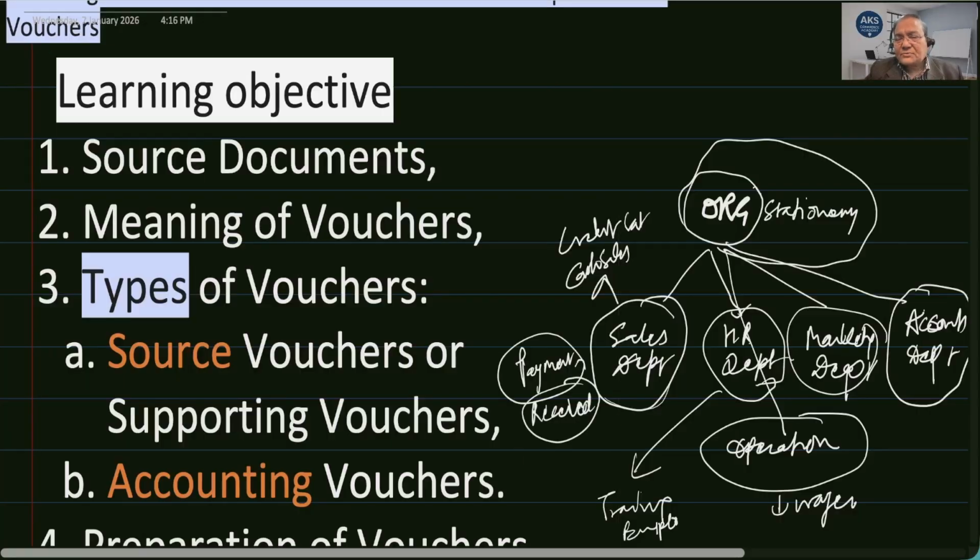Now if there are so many activities happening in a day, with payments going out or receipts coming into the business, then in order to manage this, the accounts department needs to follow a structured procedure. Only then is it able to take up everything related to payments and receipts in an effective way.